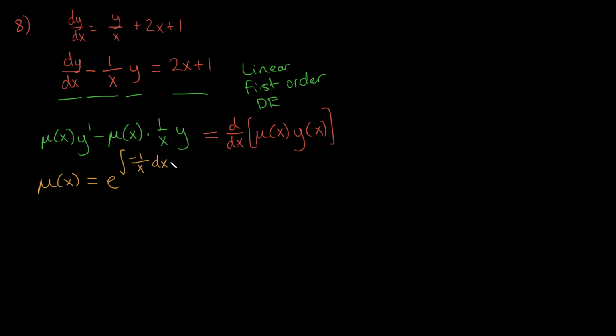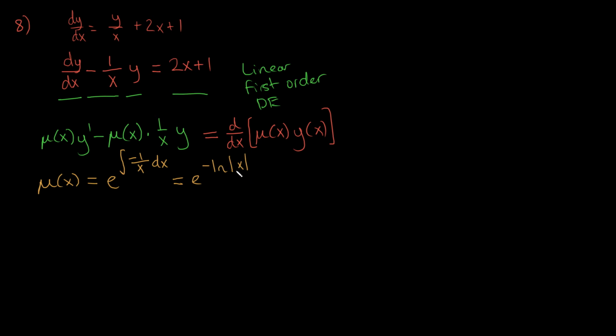If mu of x equals this, let's solve this. This is going to be e to the, well, this integral here, we can factor out the negative 1, so we get negative times the integral of 1 over x. We know that is the natural log of the absolute value of x. Again, plus constants, they don't matter here.